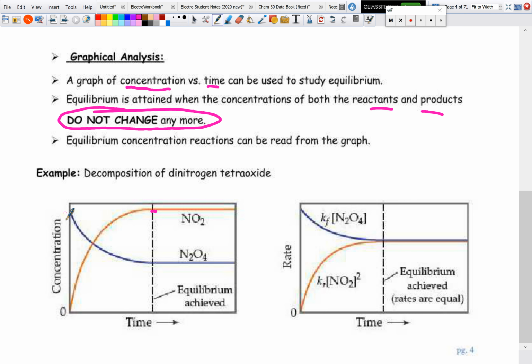Same thing with the dinitrogen tetroxide: as it's heated up, it starts decomposing, so the concentration starts decreasing and eventually flattens out. And this line where the two flatten out, right here, is when equilibrium is established.